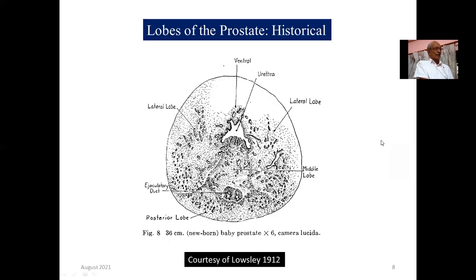We already covered the historical lobation of the prostate by Lowsley 1912, and I do not intend to discuss further about them. The lobes have been studied by Lowsley in fetuses, and they are not applicable to the adult anatomy.